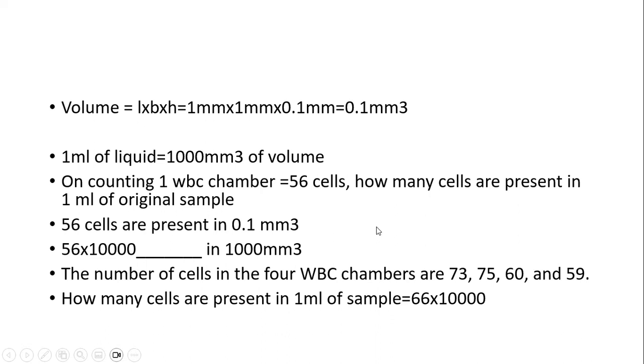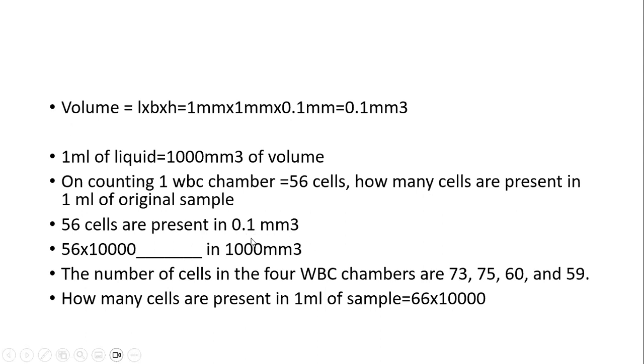Now we need to find out how many cells are present in 1 ml. So we just need to multiply whatever number we get in 0.1 millimeter cube volume. To convert this 0.1 millimeter cube to 1000 millimeter cube volume, we need to multiply by 10 to the power 4, that is 1 and 4 zeros.